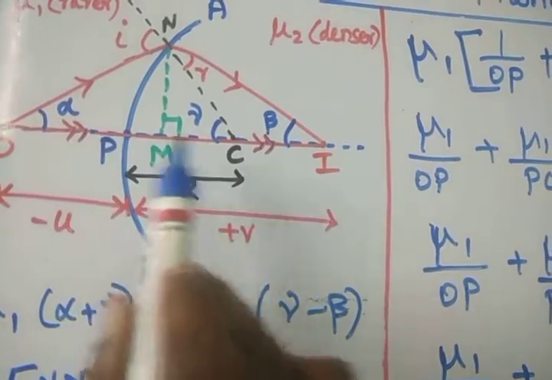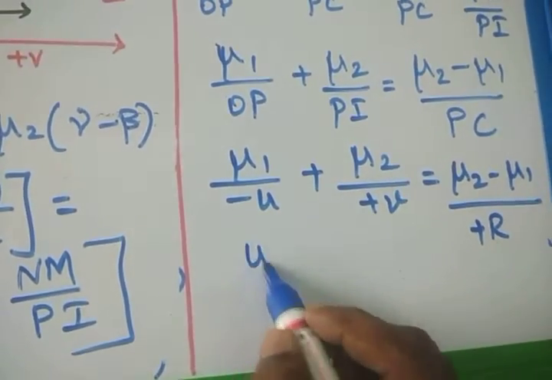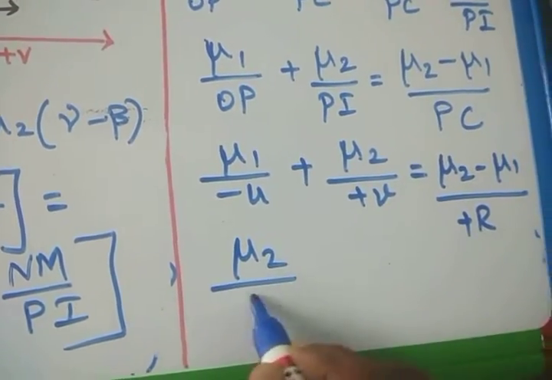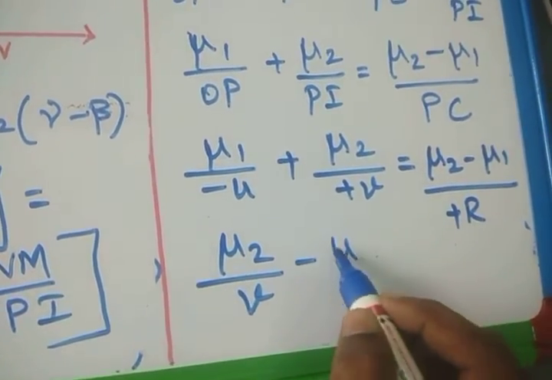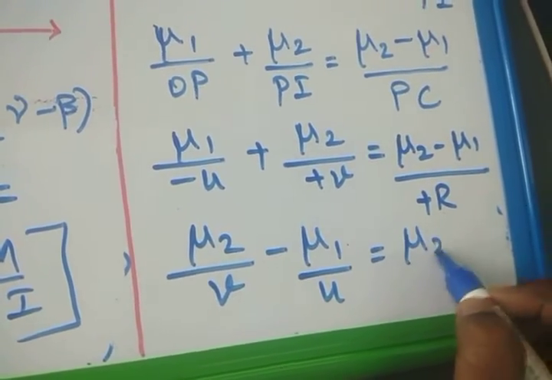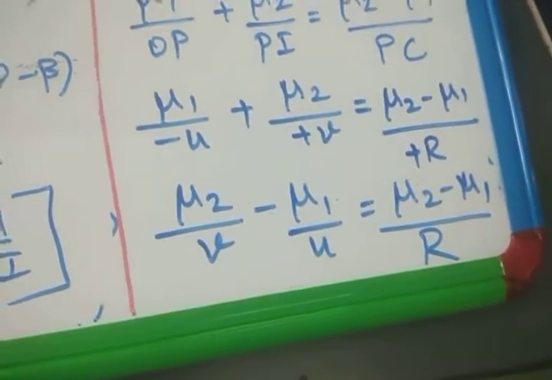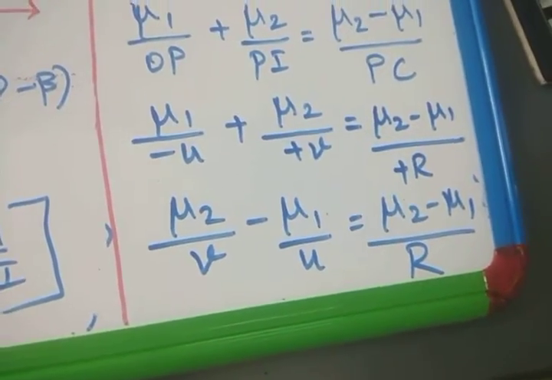See the diagram carefully. PC is the radius of curvature, plus R. So we can rewrite this as mu2 by v minus mu1 by u is equal to mu2 minus mu1 by R. This is the required equation.